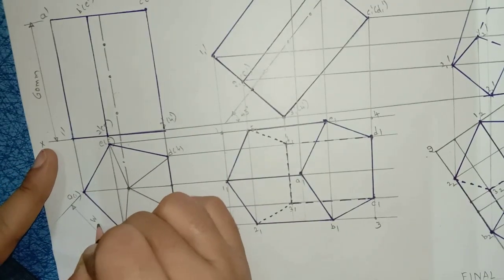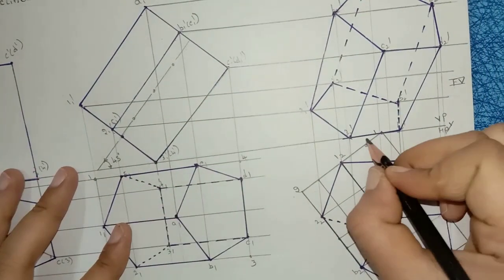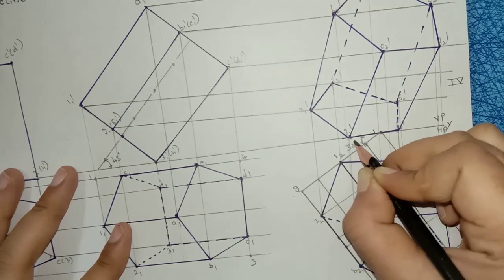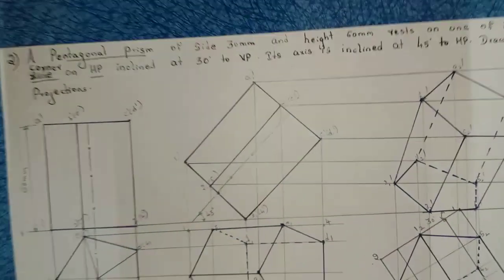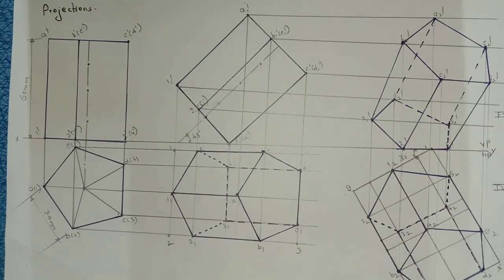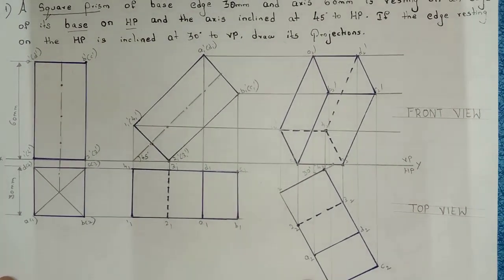This is your 30 mm, right? Here 45 degrees to HP and here we have taken 30 degrees to VP. So this is your problem, pentagonal prism, right? So these two problems, these are similar to projections of plane surfaces.